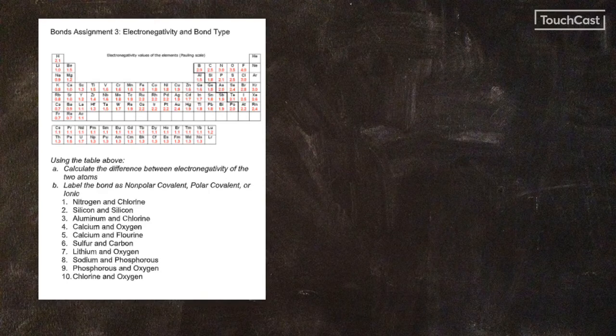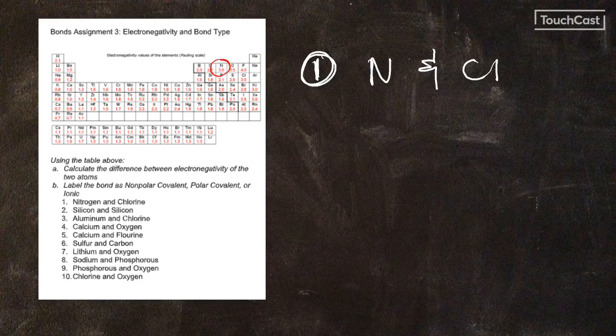Let's do a sample problem. Take a look at number 1. We have nitrogen and chlorine. We're going to find nitrogen on our map. That's 3.0. We're going to find chlorine on ours. That's 3.0. We're going to subtract to get 0.